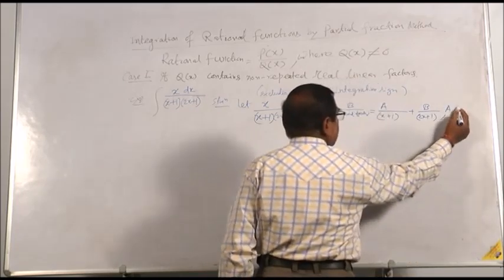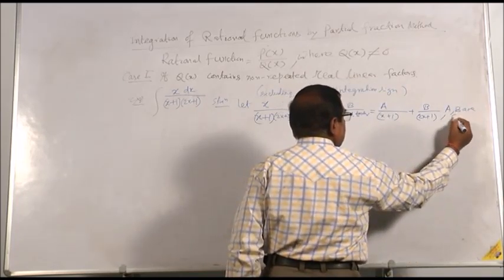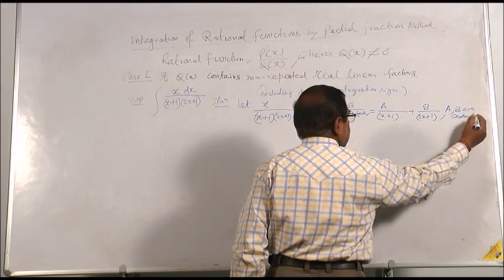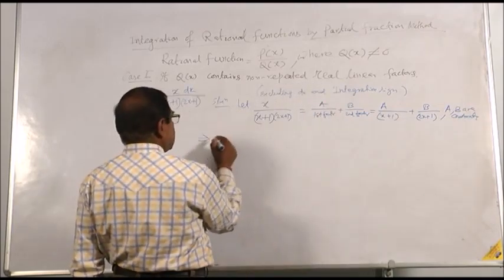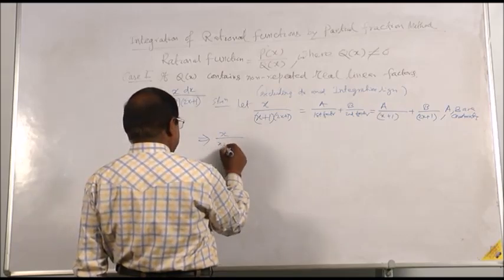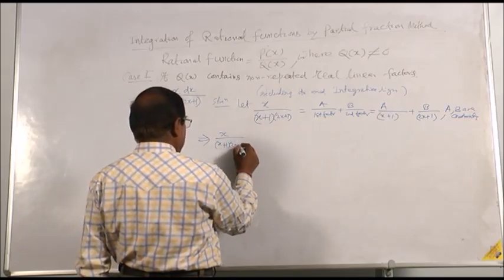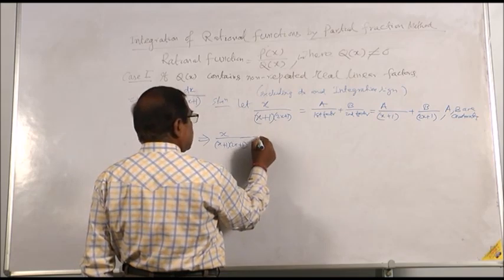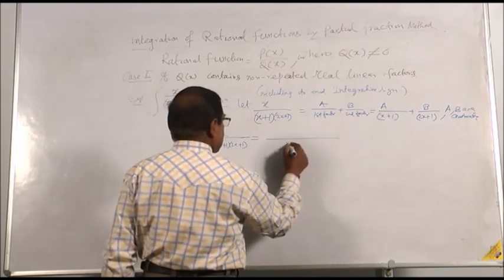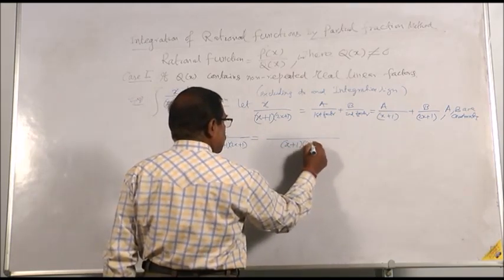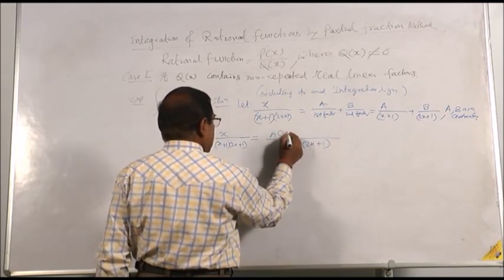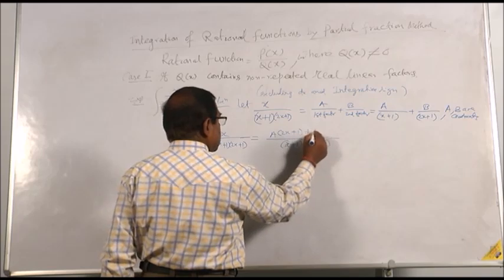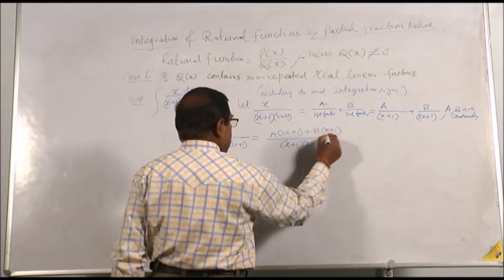A and B are constants. So this implies x by (x plus 1) into (2x plus 1) is equal to A into (2x plus 1) plus B into (x plus 1) over the same denominator.